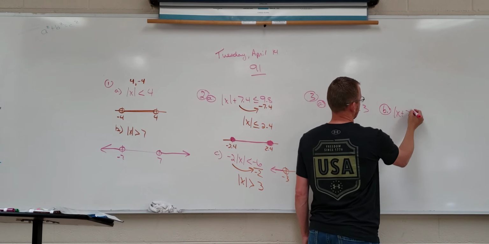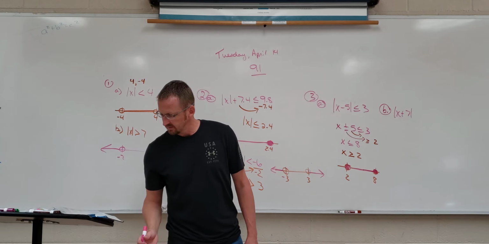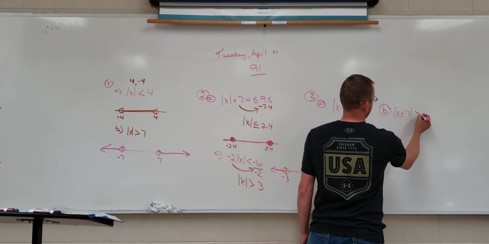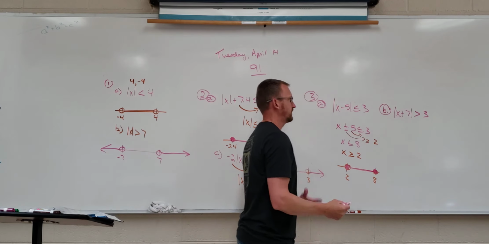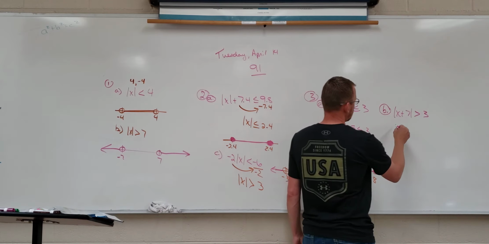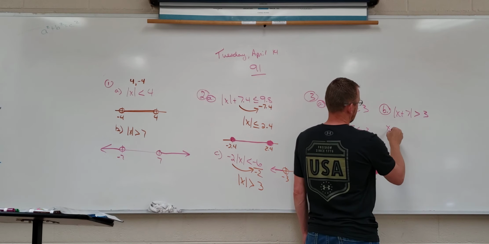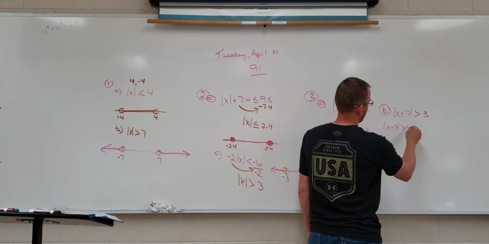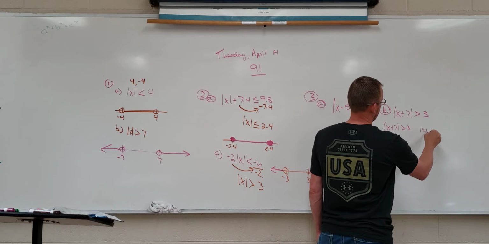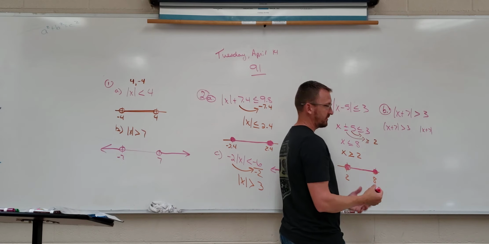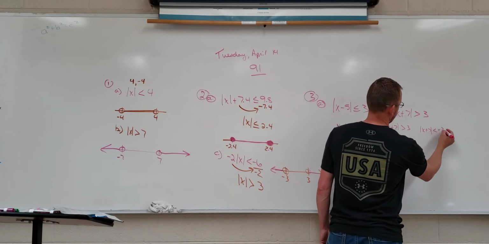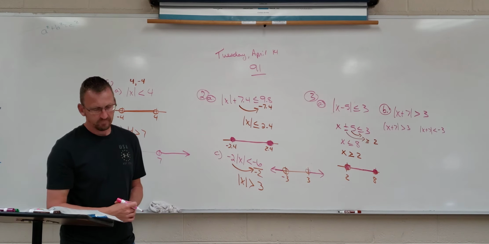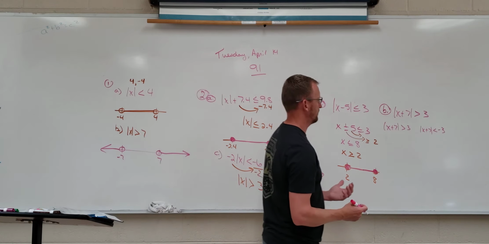Let's see, like x plus 7 is greater than 3. Okay? So to hopefully explain it a little bit better, we have to say the absolute value of x plus 7 is going to be greater than 3, or the absolute value of x plus 7 is going to be less than a negative 3. Okay? And now we solve.